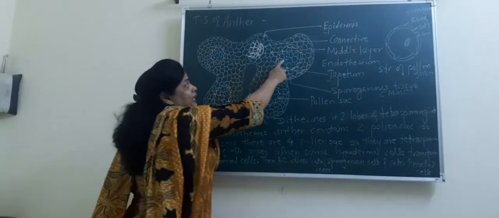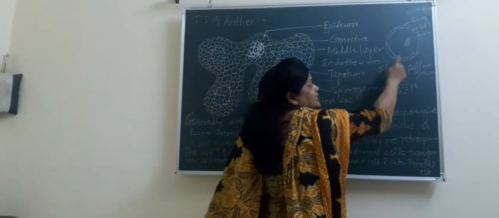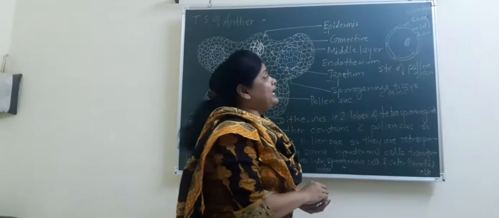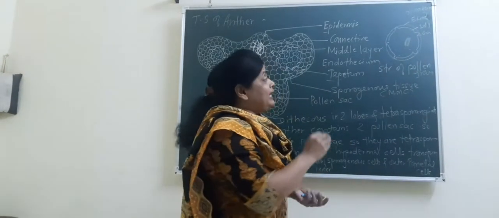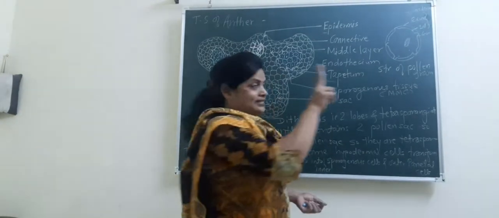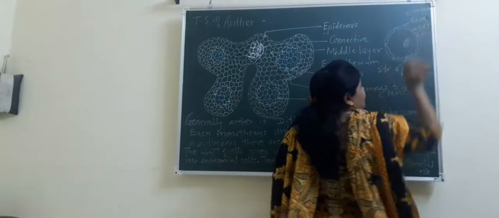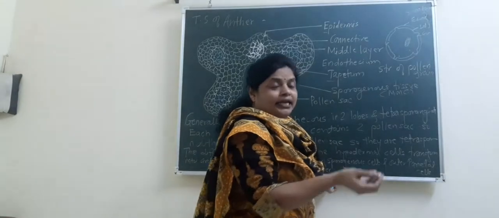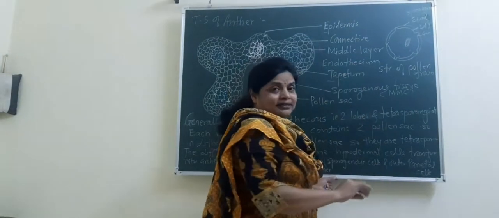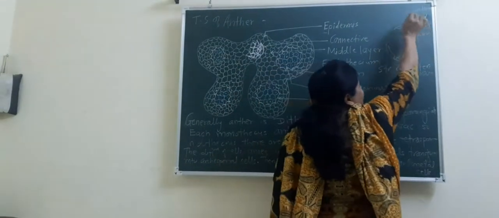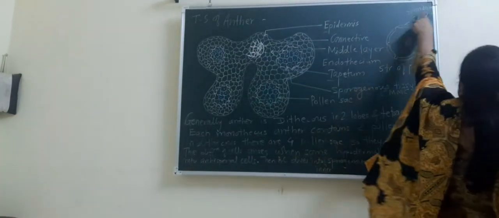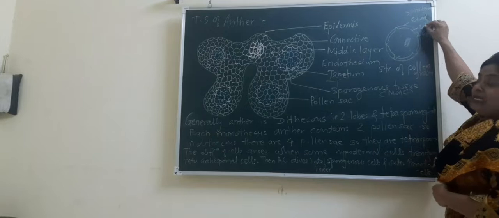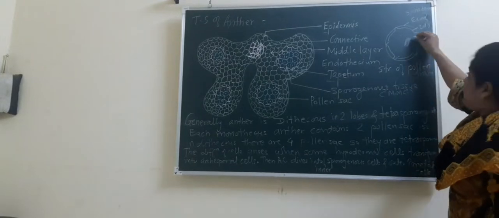This is the structure of a pollen grain. They are rounded or circular in structure. They are divided into two layers. The outermost is the exine, the innermost is the intine. Both layers are known as sporoderm.